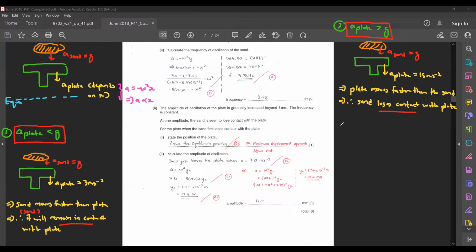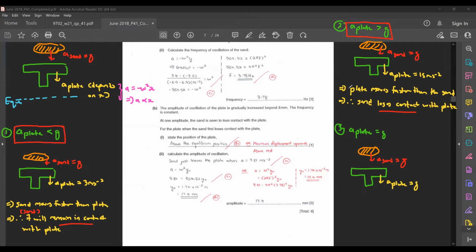So if you consider this third case, where A of plate is equal to g, in my case, you will get a case like this, where A of sand equals g, and then A of your plate is now equal to g itself.